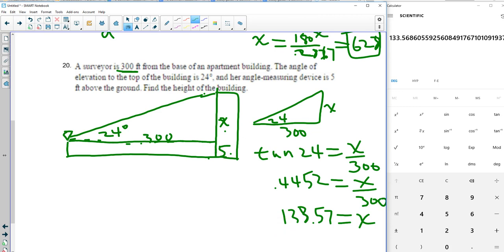They gave us the whole number at the beginning here, so I'm gonna give it to a whole number. But you know, on your test, they'll probably tell you to either round it to the tenths or round it to the hundredths. So whatever they tell you to round it to, that's what you round it to. But in this case, this is 133 equals X. Chances are they're not going to build a building to 133.57 height. So they would normally round it to something that's pretty even.